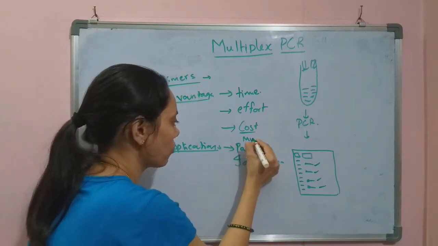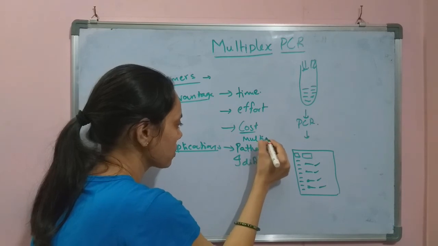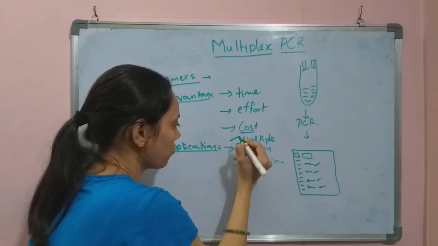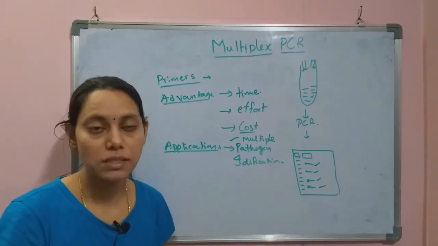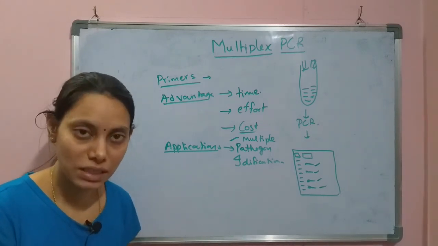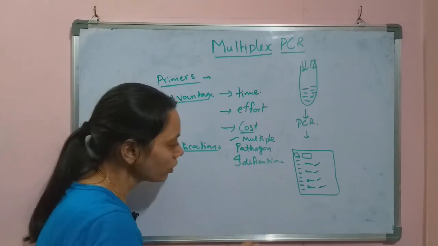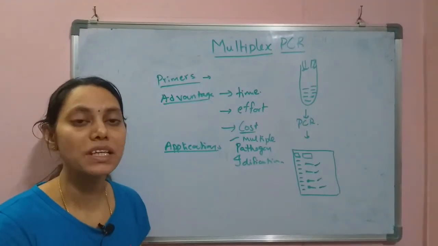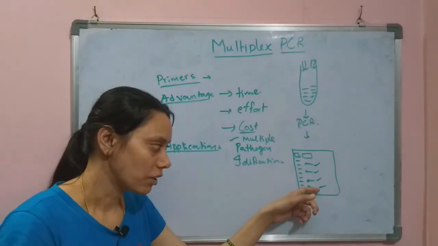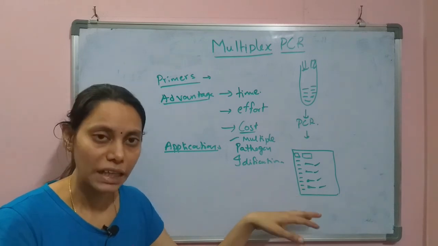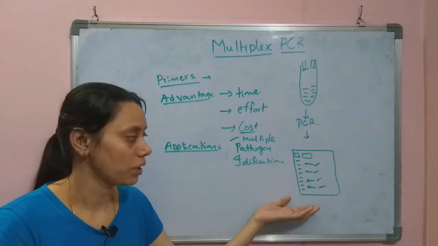Here not a single pathogen, but multiple pathogens present in a sample can be simultaneously identified. If the PCR is successful for one type of pathogen, consider it the presence of that pathogen.